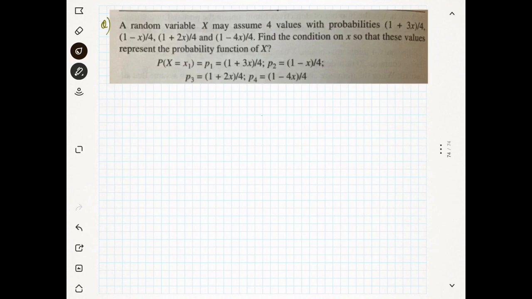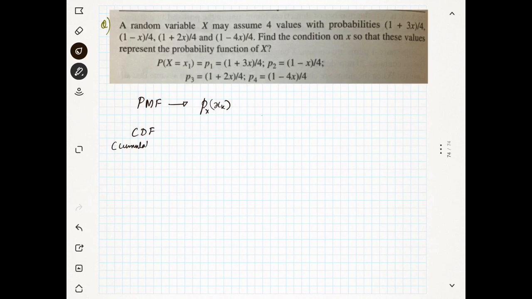We have discussed two things in the previous lecture. The probability mass function is usually represented like P_X(x_k), and the cumulative distribution function.